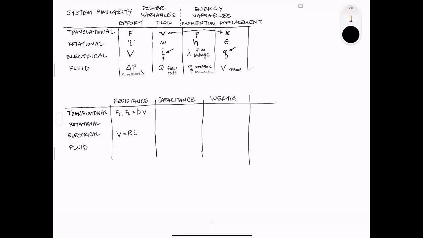And rotationally again, we have some torque. I'll add F here to remind us it's friction or from a rotational damper. And that's also going to equal the coefficient, B, times the flow variable, omega. And so not surprisingly, there are going to be some resistance terms where pressure is going to equal the resistance in a tube or in a pipe.